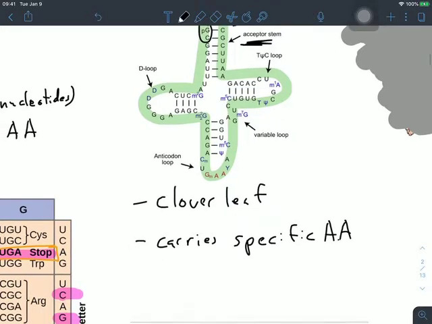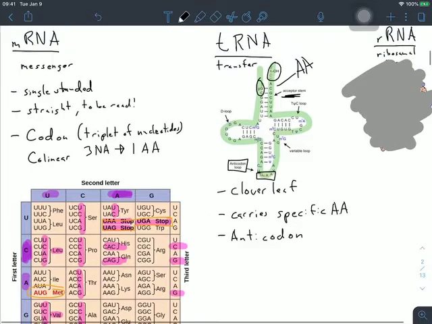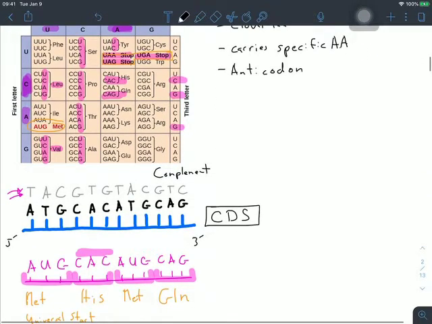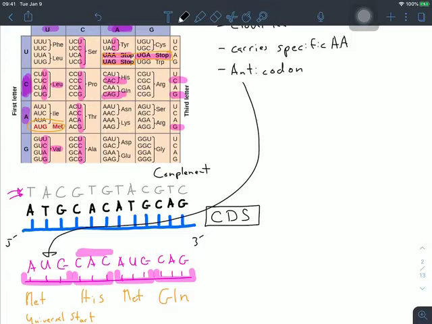The amino acid that it carries is determined by whatever nucleotides are in the anticodon position. So you will have that anticodon position binding to the sequence of the mRNA.